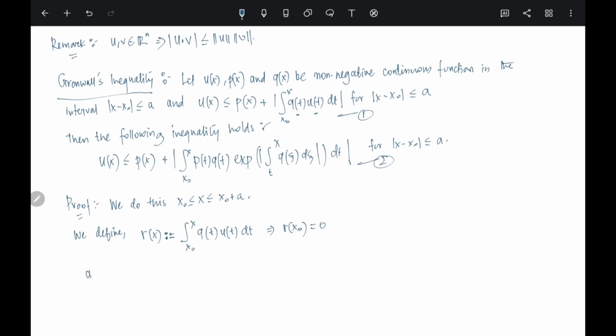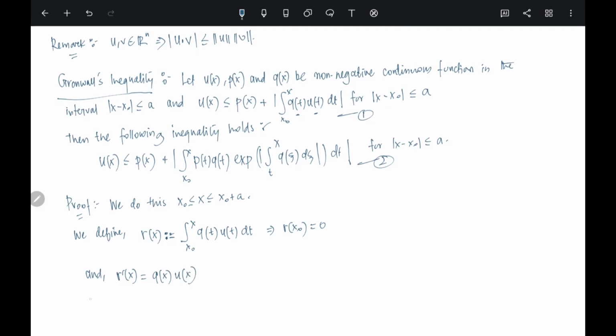We also have that q and u are continuous functions, so the fundamental theorem of calculus says that if you define a new function out of the integral, it is also going to be differentiable. So we can talk about r′(x), and that, by the fundamental theorem of calculus, is given by q(x) times u(x).